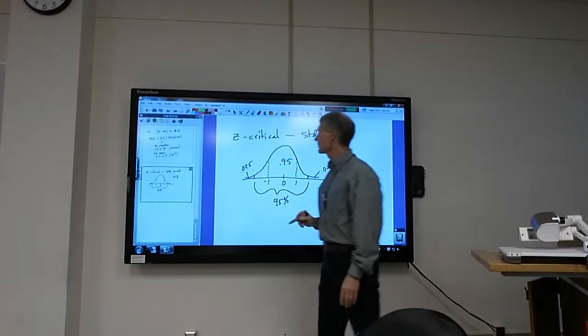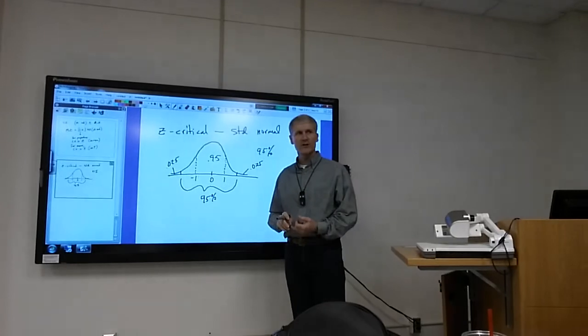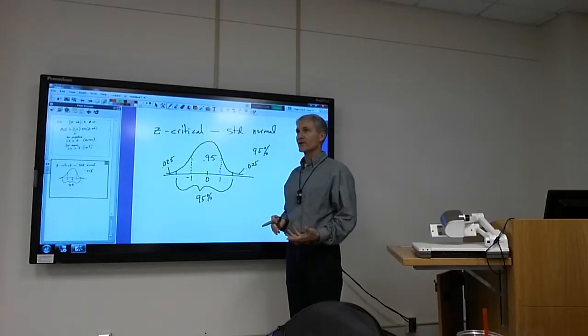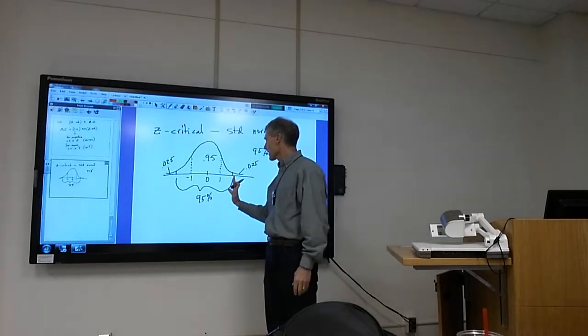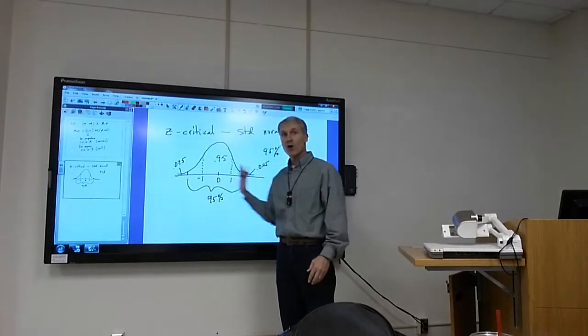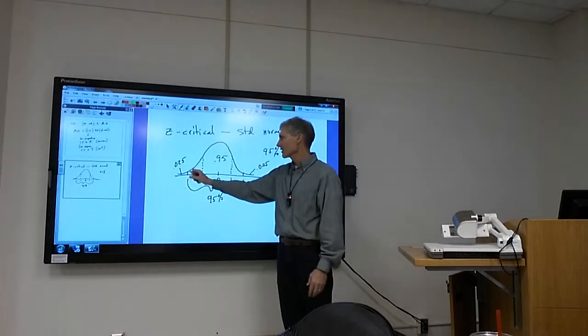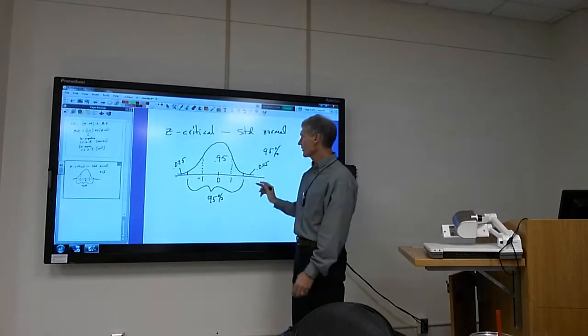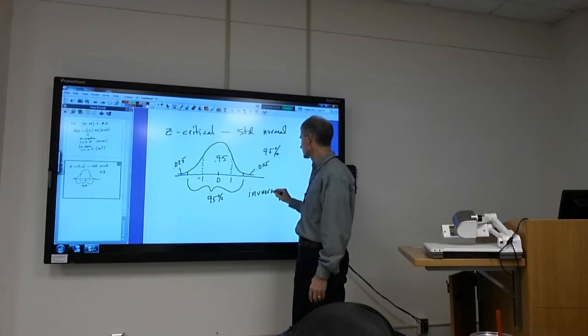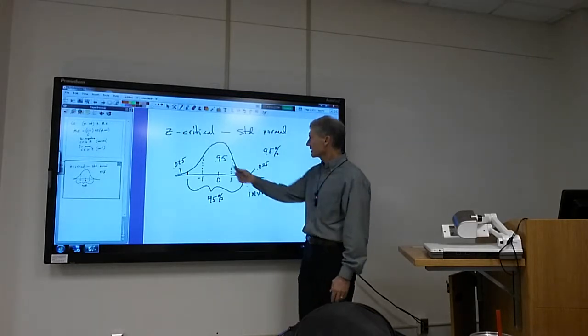And the inverse norm function or the inverse T function are what we call percentile functions. They return percentiles, which means what percent of the population is below that value. So all the way to the left. You don't stop here at the 95%. So inverse norm of what?